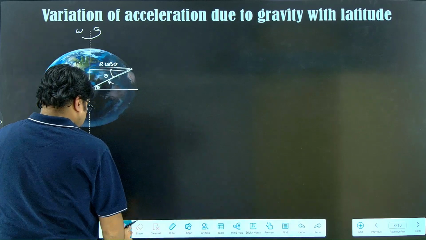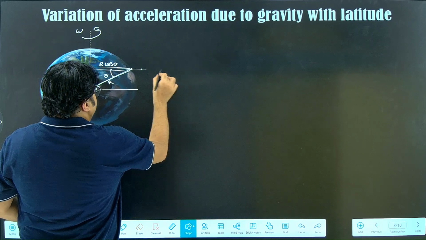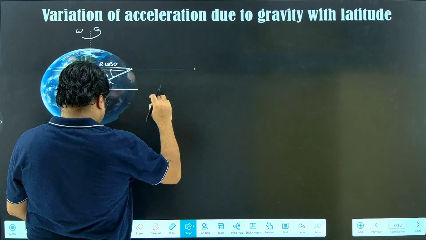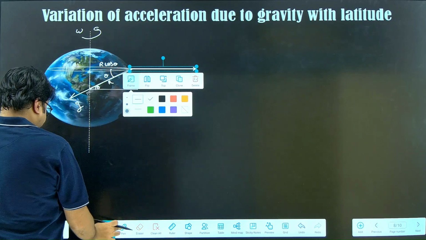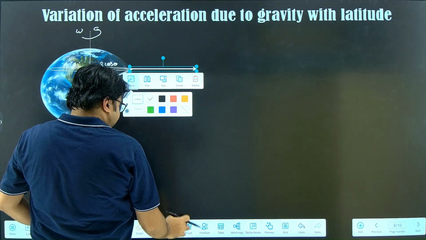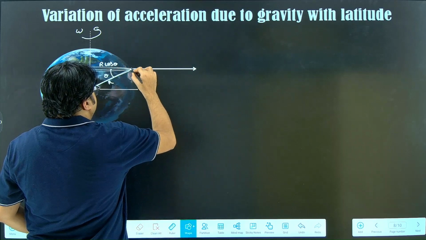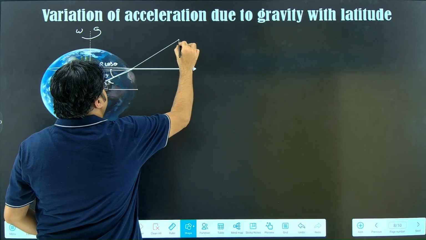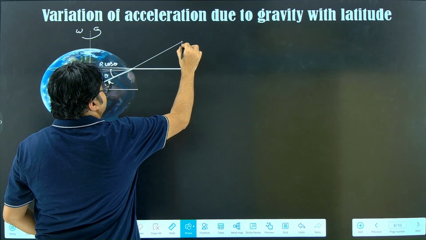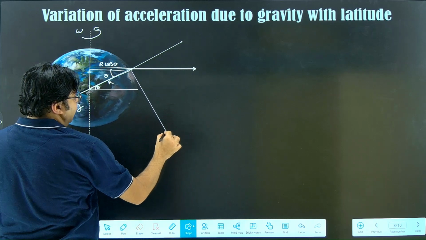Now, let me draw it with a better arrow. You're being thrown away in that direction, right? And this particular thing can be resolved. Let us resolve it in two directions: in a direction perpendicular to the surface of the earth, in a radial direction, and in a direction that's tangential.